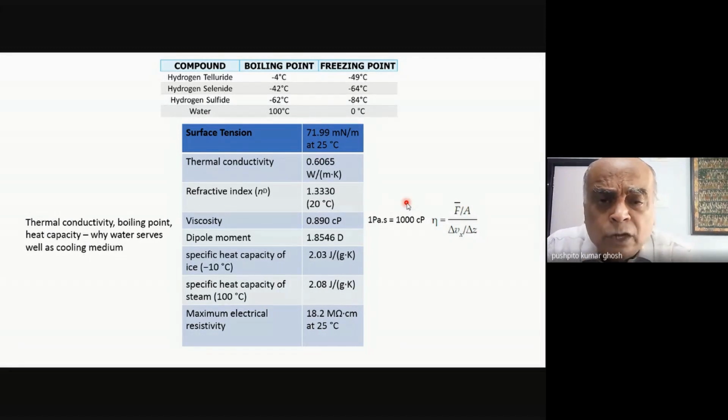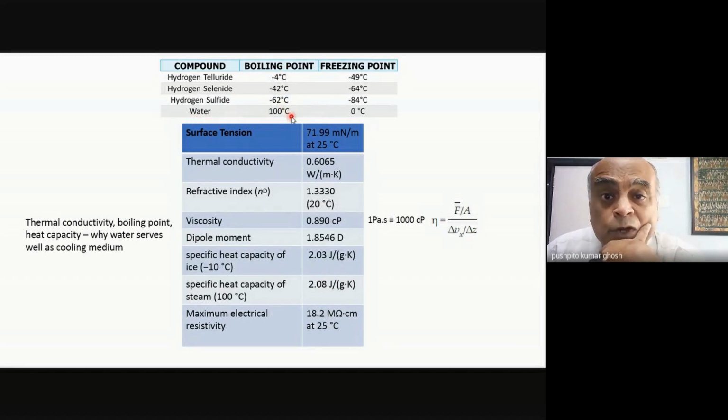Now I know that most of you in school would have been exposed to some of the properties of water, if not all. But it is very interesting that when you look at the boiling points going from sulfide to selenide to telluride, you can see what's happening, and then you come to water.